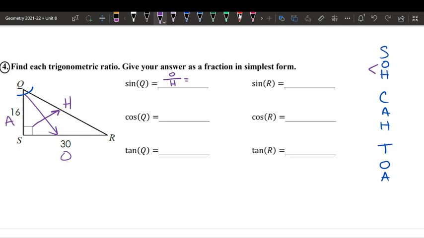This says the sine of Q. It's going to be the opposite over the hypotenuse because O is on top of H. So the value of O is 30, and the value of H is nothing. Okay, I guess I need to solve it first, don't I?